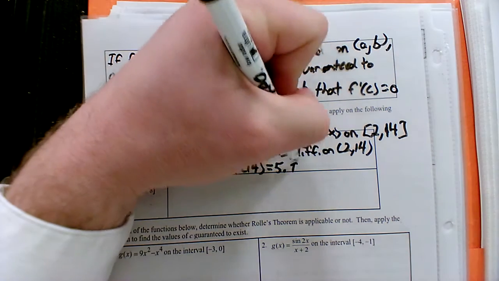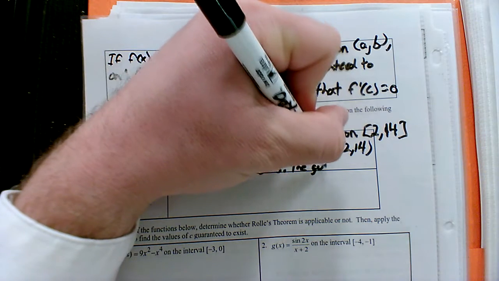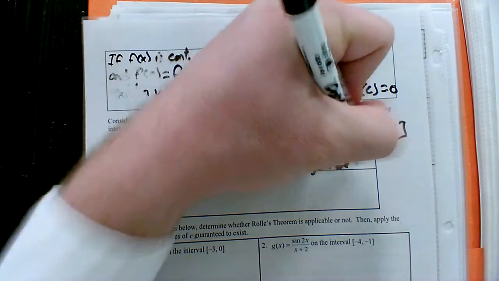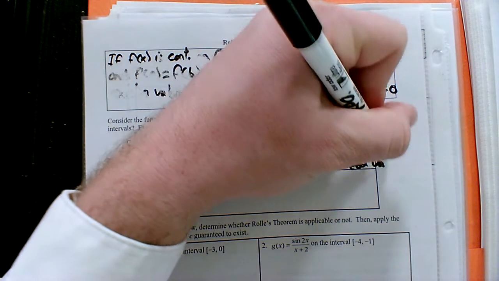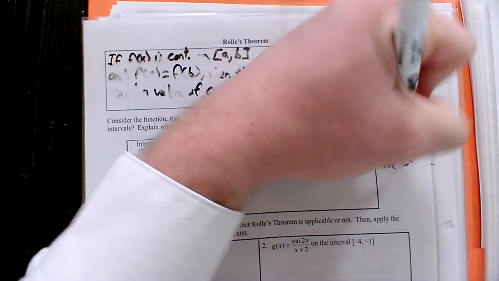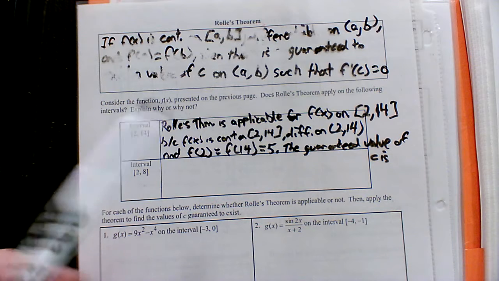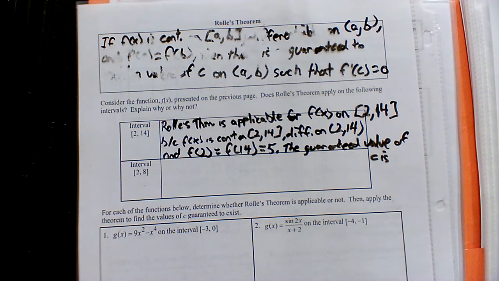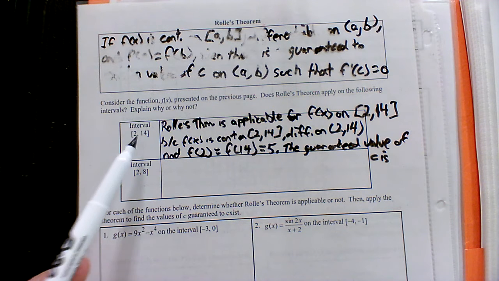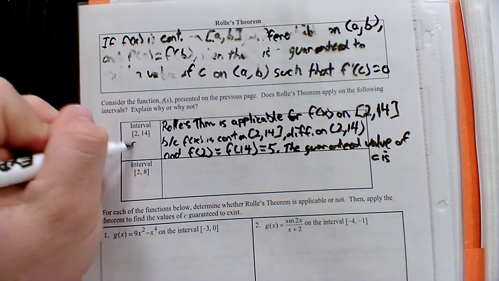So the guaranteed value of C is what? So we said it's continuous, it's differentiable, the endpoints are equal to each other. So somewhere in between A and B, again remember, 2 is A, 14 is B if you want to label that over here.